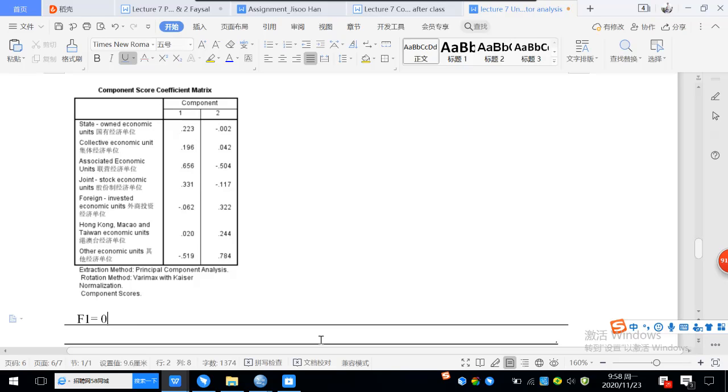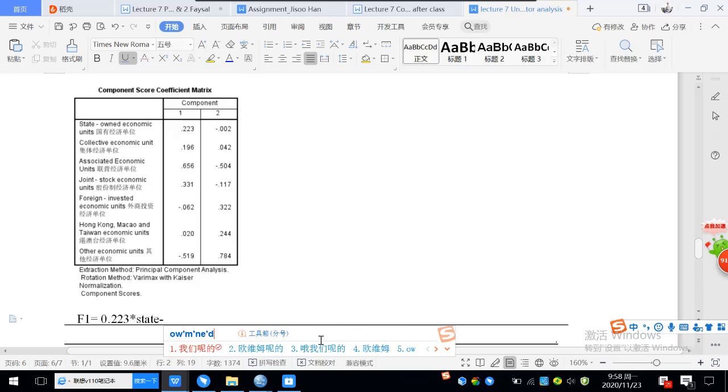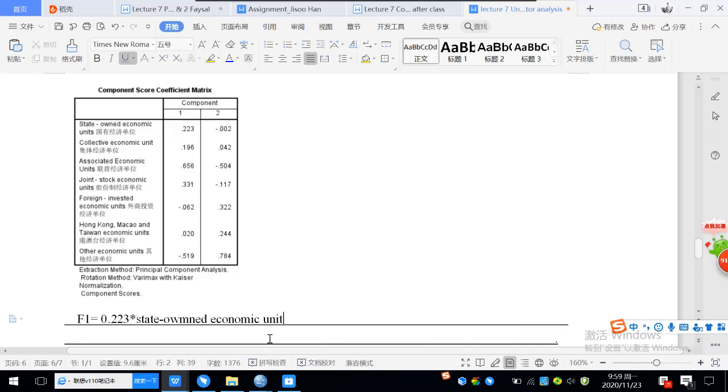So it's 0.223 multiply state-owned economic unit. Okay.